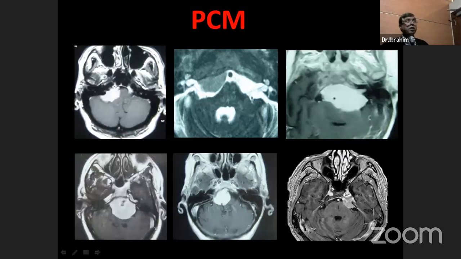So petroclival meningioma is totally different from the cortical meningioma, from the lateral petrous meningioma, from the meningiomas that are called cerebellopontine angle, which have a relationship with the internal meatus. So look at this, we are medial to the internal meatus. This is a true petroclival meningioma.